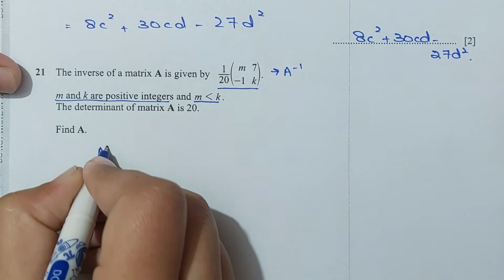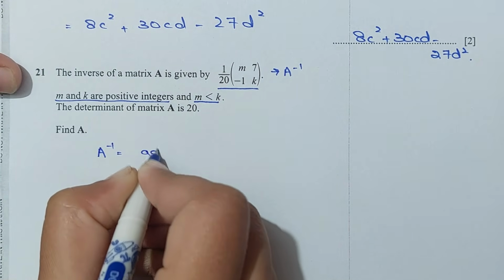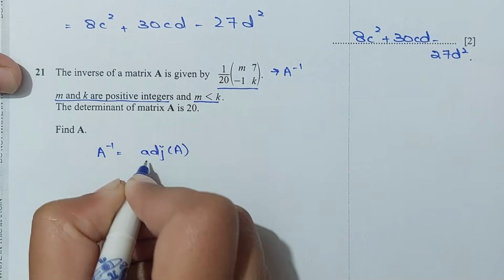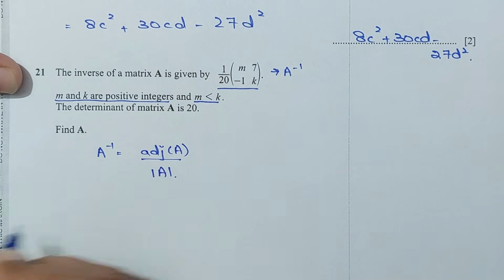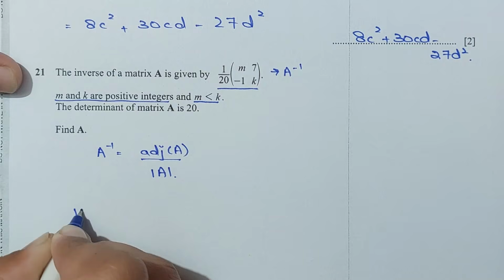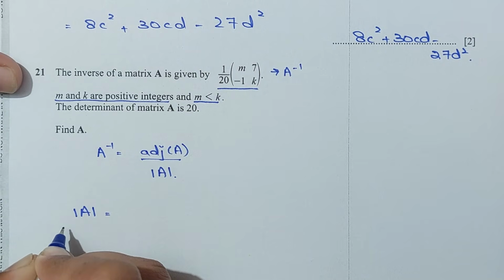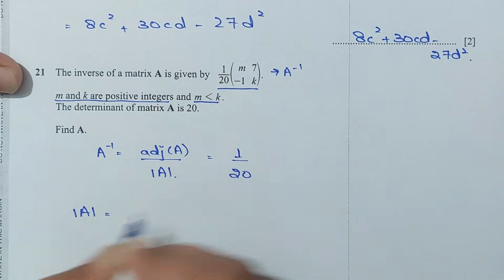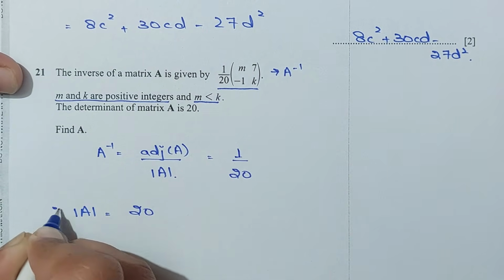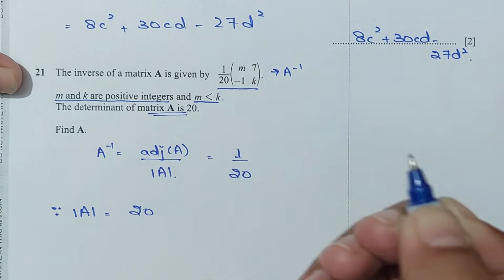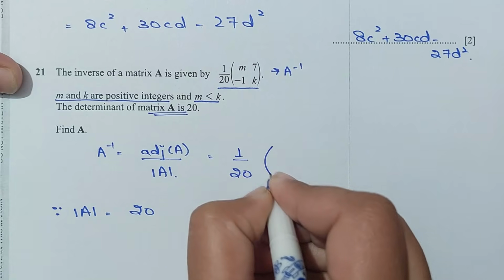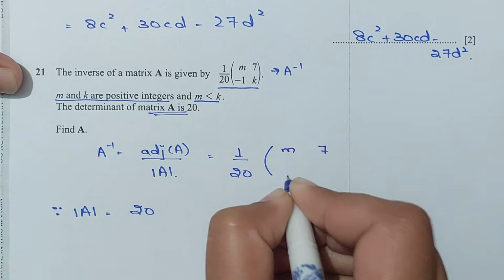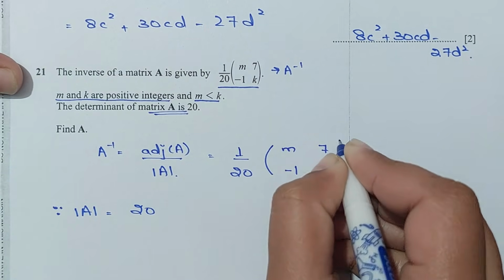Okay, so inverse of the matrix is adjoint of the matrix over the determinant of the matrix, right? And this is 1 over 20. We have already given the determinant is 20. And the adjoint is m, 7, minus 1 and k.